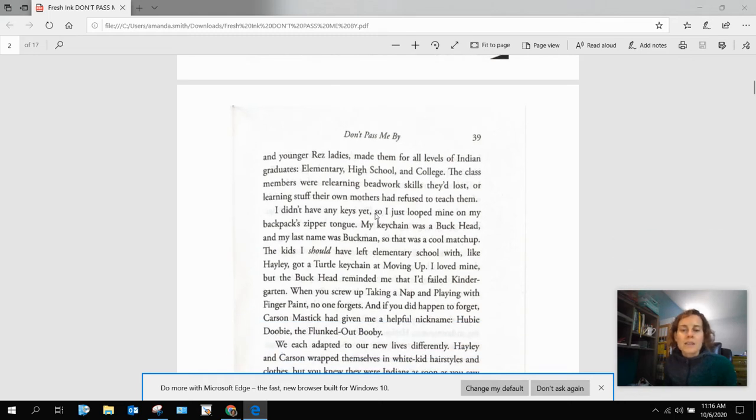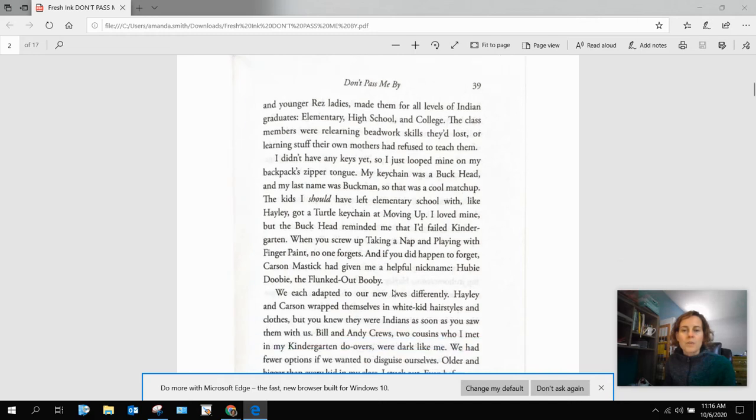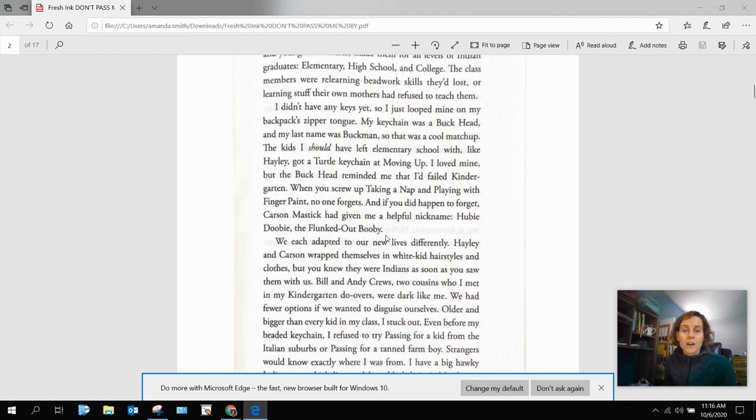I didn't have any keys yet, so I just looped mine on my back zipper's tongue. My keychain was a buckhead, and my last name was Buckman, so that was a cool matchup. The kids I should have left elementary school with, like Haley, got a turtle keychain at moving up. I loved mine, but the buckhead reminded me that I had failed kindergarten. When you screw up taking a nap and playing with finger paint, no one forgets.